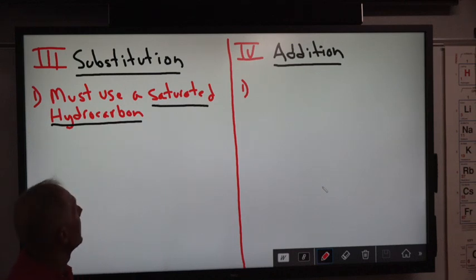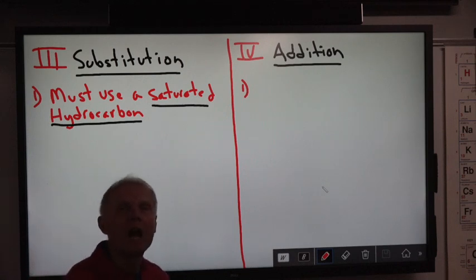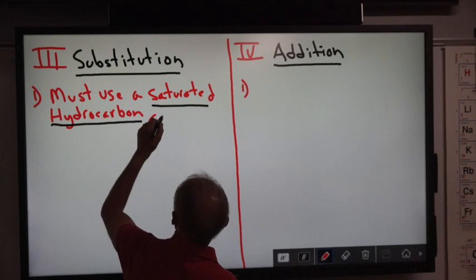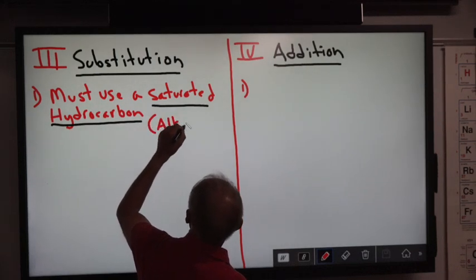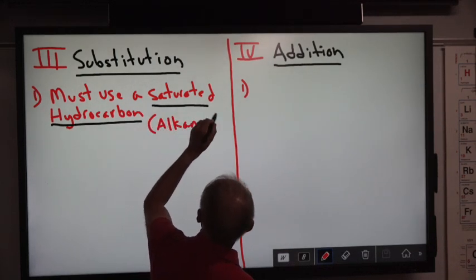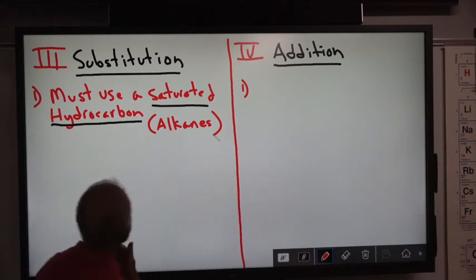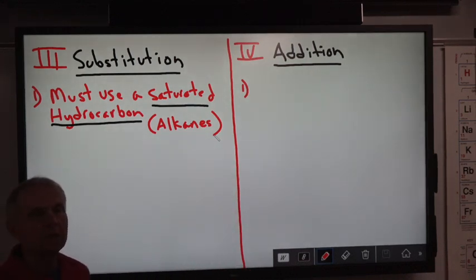All right? Now, the saturated hydrocarbons are the alkanes. So I'm going to put that in parentheses. Now, let's just use, for an example, ethane.